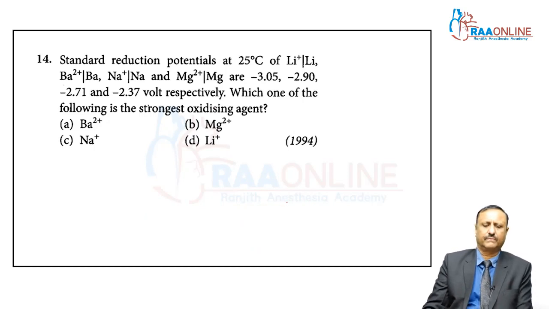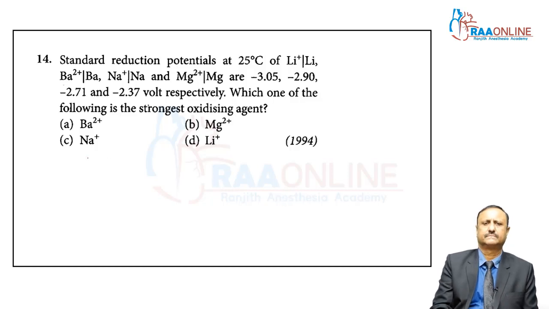Now we can go to question number 14, my dear students. Same question is here, strongest oxidizing agent. Which is the strongest oxidizing agent? Concept: the strongest oxidizing agent has less negative value of E naught reduction.